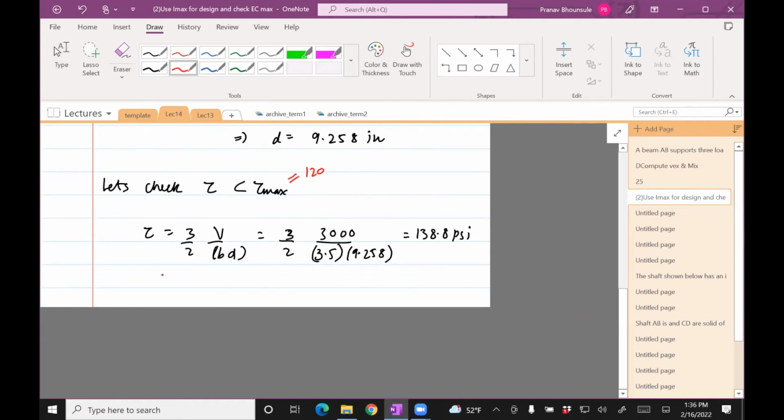So tau is greater than tau max, so the beam would fail in shear. So we need to go back and redesign this using the shear stress and then check for the normal stress.